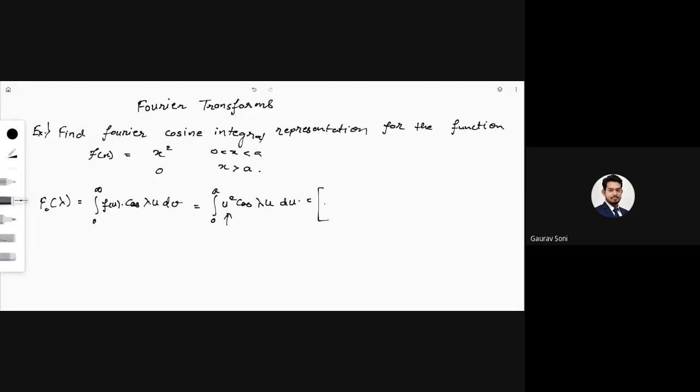In the generalized UV rule, keep the first function as it is, u square. Integration of cos lambda u is sin lambda u by lambda, minus derivative of u square, which is 2u. Integration of sin lambda u is minus cos lambda u by lambda square.